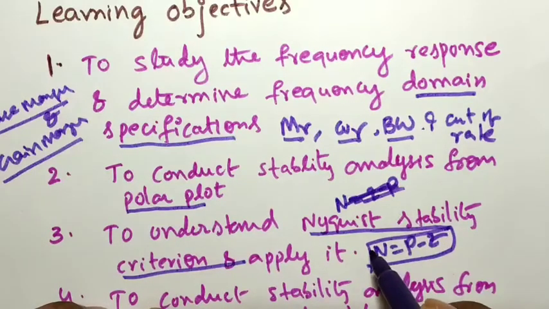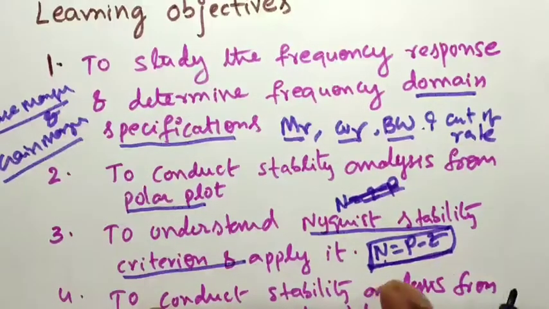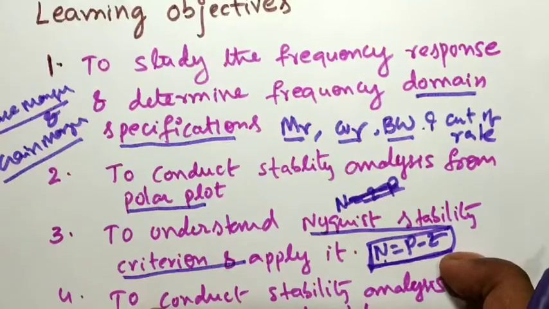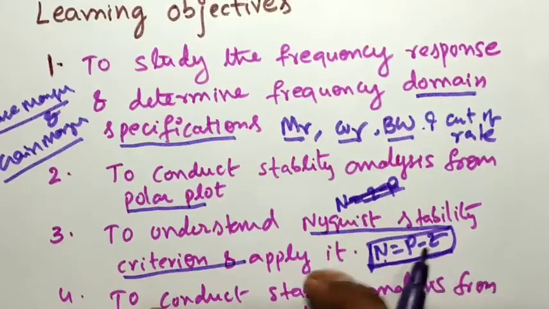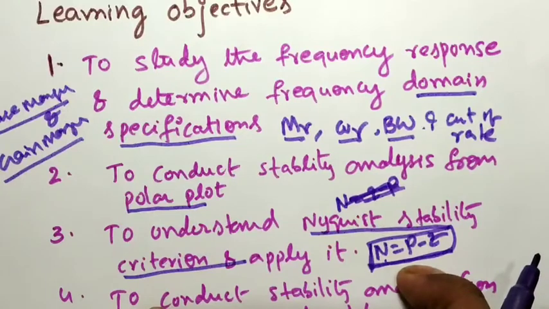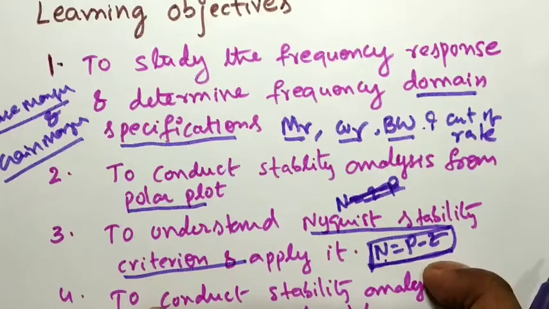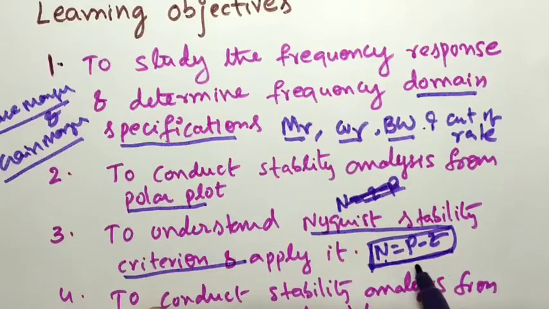I have given the key formula here to find the stability by using the Nyquist stability criterion, that is N is equal to P minus Z. N means encirclements, P means open loop poles, Z means closed loop poles. This P we know for the given transfer function, and you have to find the encirclement.